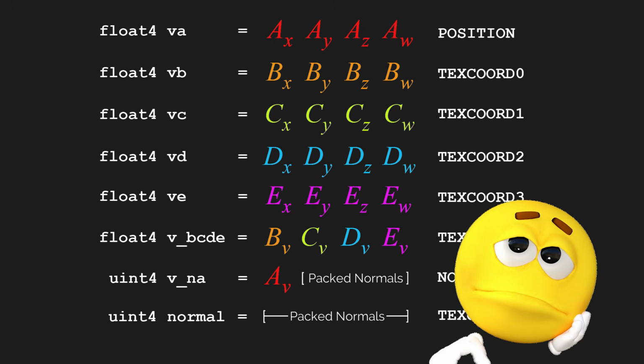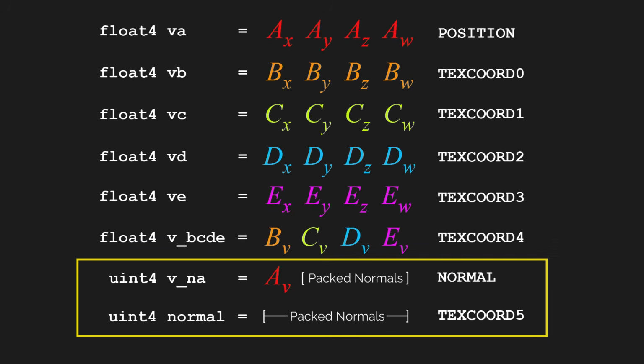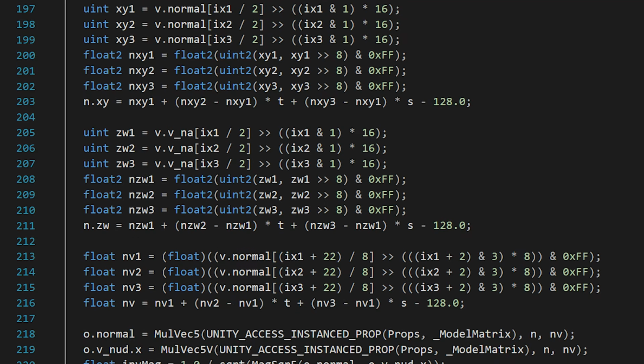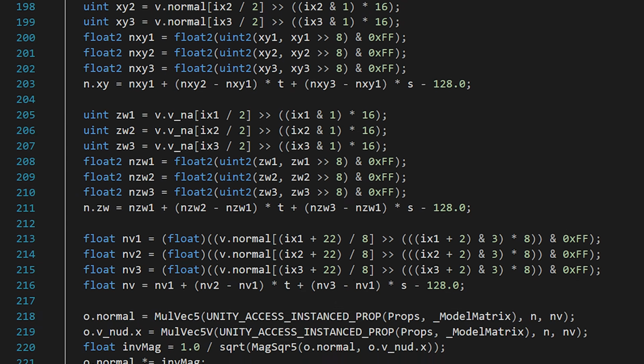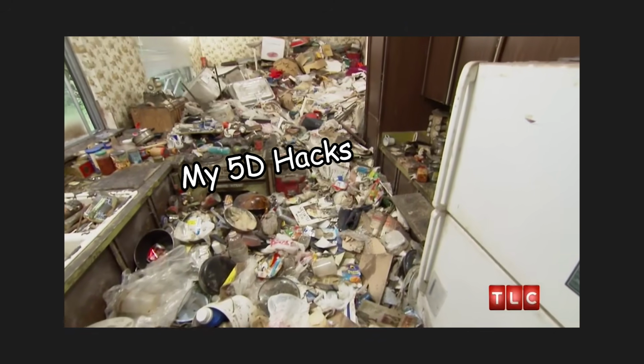And don't get me started on the vertex normals. To reduce the size of this massive vertex data, I compress the normals to 8 bits per coordinate. Then unpack it and interpolate them in the vertex shader, which makes for some really ugly and confusing code. But sometimes that's just the way it has to be.